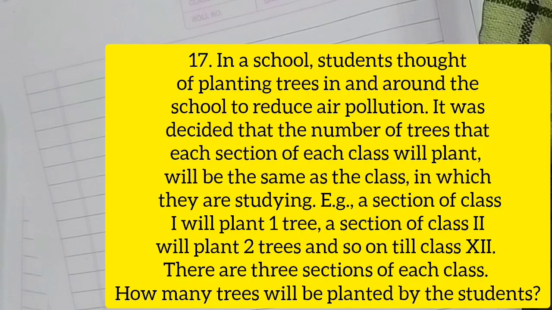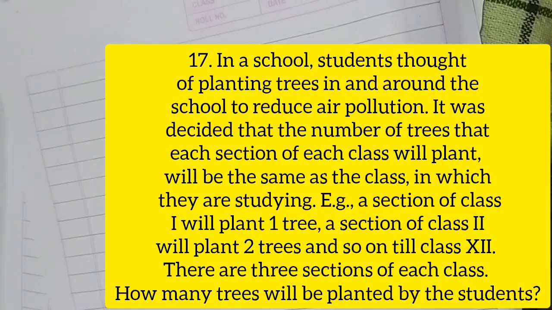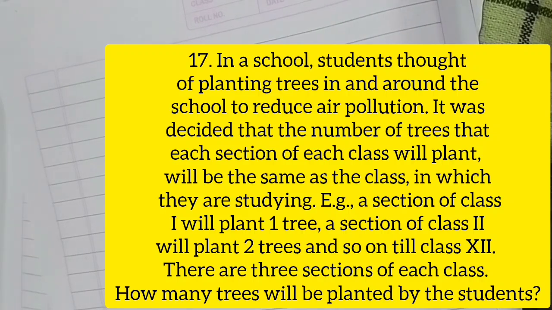Example, a section of class 1 will plant 1 tree, a section of class 2 will plant 2 trees, and so on till class 12th. There are 3 sections of each class. How many trees will be planted by the students?